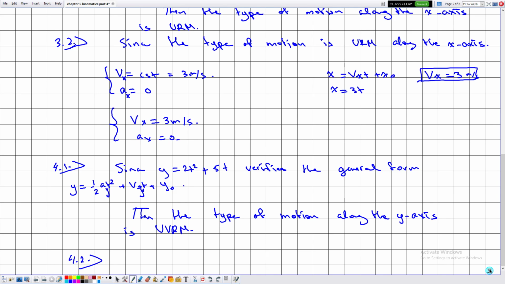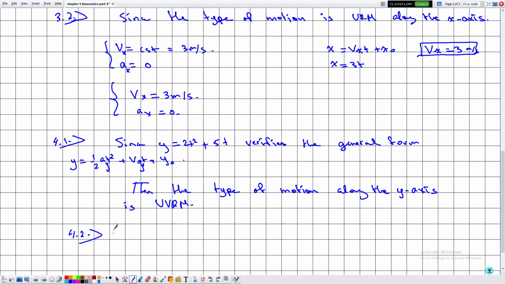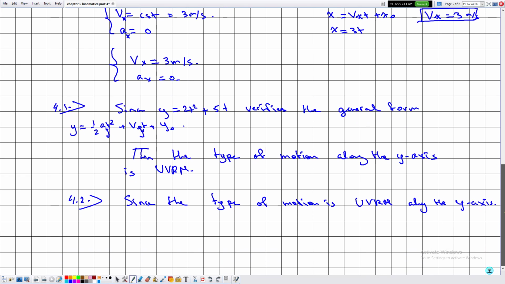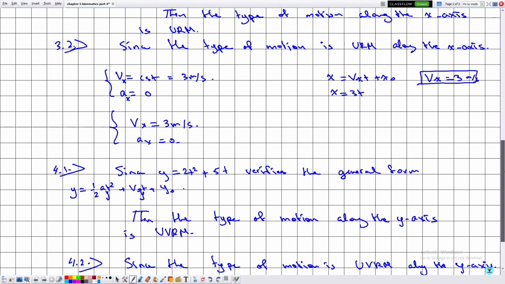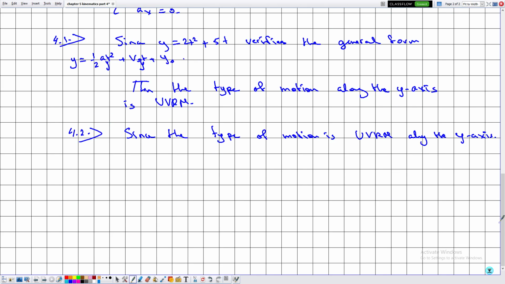And now let's say, since the type of motion along the y-axis is URM, then what are the URM equations?